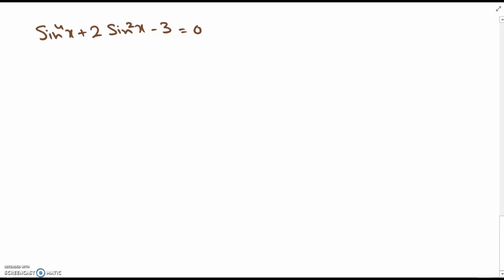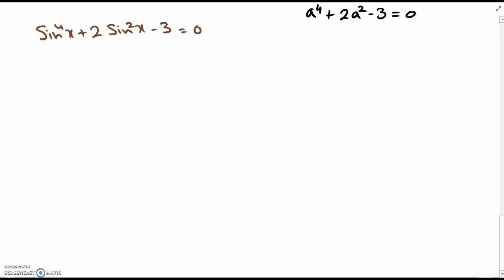Alright students, in this video I'm going to explain how to solve a trigonometric equation by factoring. First, look at this equation. It is given in the form of a fourth power, correct? Let's suppose it's written like this: a to the power of 4 plus 2a squared minus 3 equals 0.